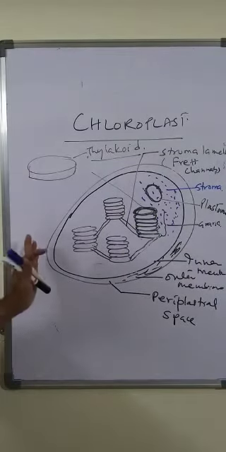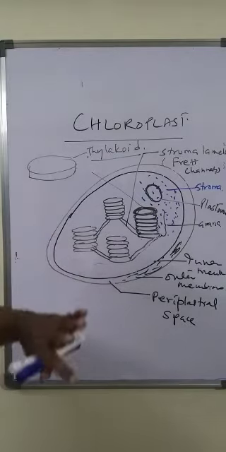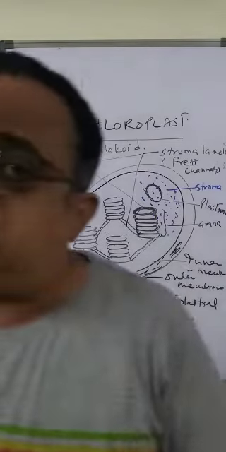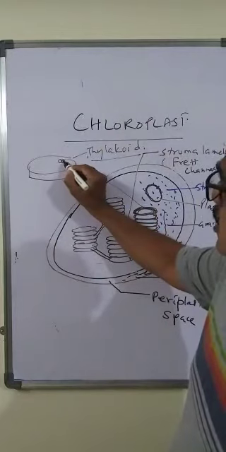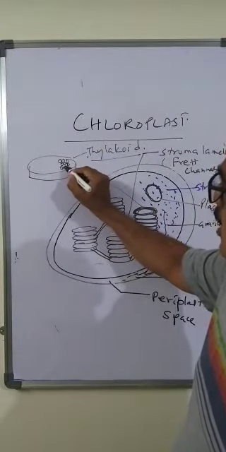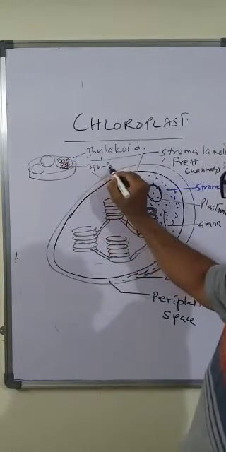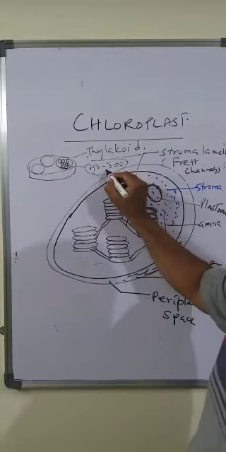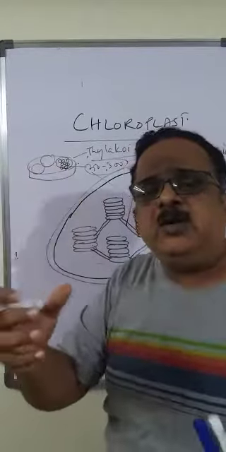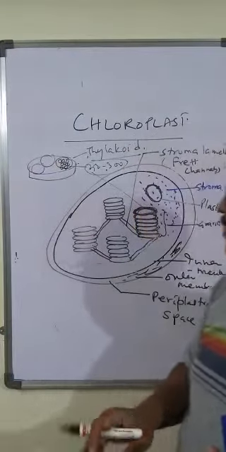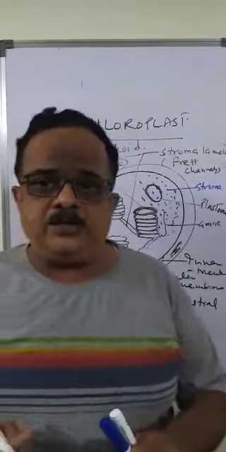The group of pigment molecules required for carrying out a photochemical reaction is called quantasome. Just as an example, this is a group of chlorophyll molecules like this. A group of 250 to 300 chlorophyll molecules is present, and this group fixes atmospheric light for further reactions. Okay, so this is the complete structure of chloroplast.